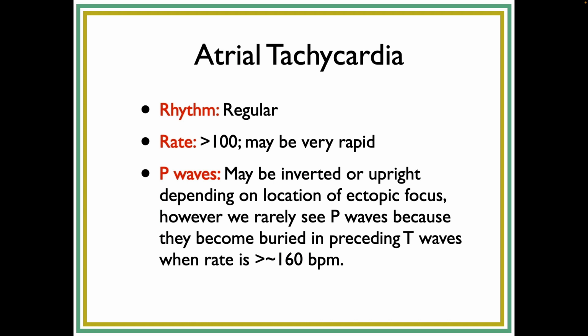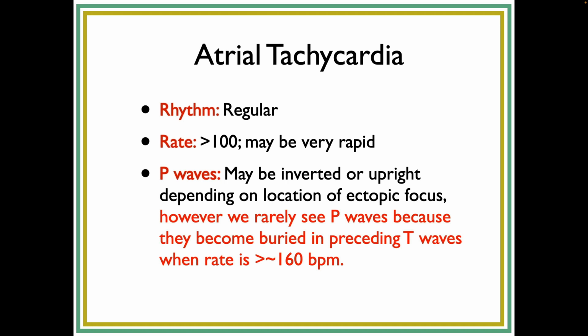It's regular. Its rate is greater than 100. It can be really fast, 180, 190, 200. The P waves may be inverted or upright, but typically we do not see the P waves in atrial tach because it's so fast. Typically the P waves are not discernible in atrial tachycardia.